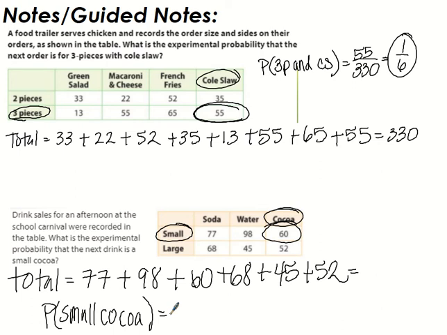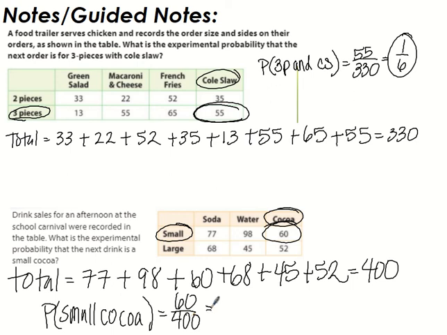So when you add these numbers together, we should have gotten an even 400. We would do 60 over 400. You could divide by 2. You could divide by 10. You can divide by 5. But we do have to reduce it.